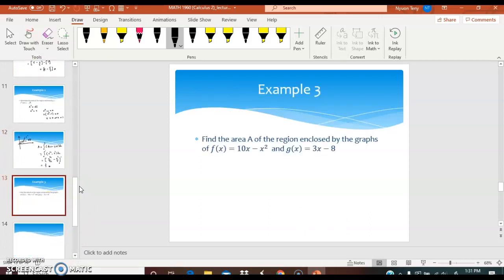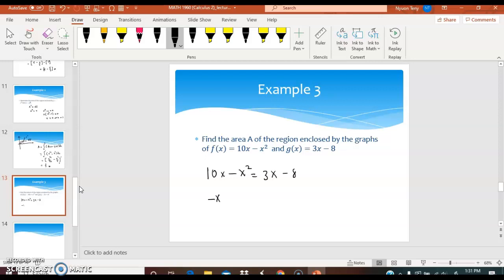Find the area of the region enclosed by the graphs. The first function is f of x equals 10x minus x squared. The second one is g of x equals 3x minus 8. First of all, we want to find the points of intersection. So we have 10x minus x squared equals 3x minus 8.